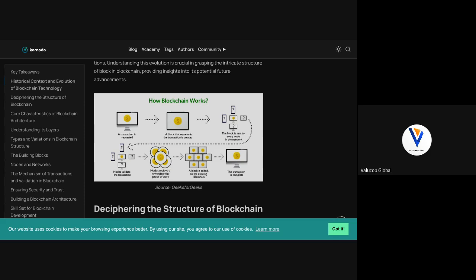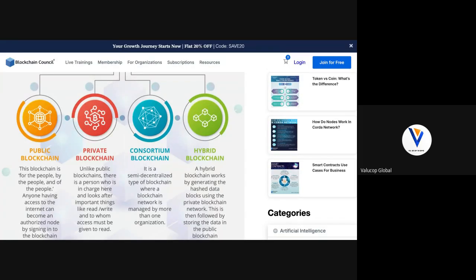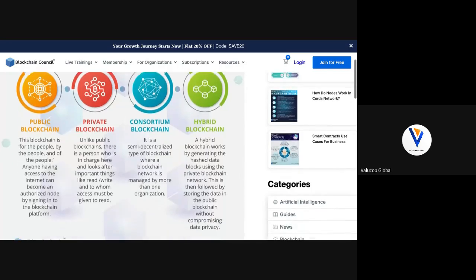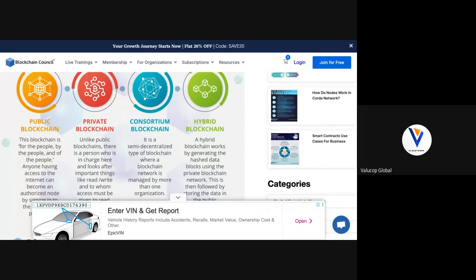I'm going to share my screen now and show us an image. So let's look at this image. We have public blockchain, private blockchain, consortium blockchain, hybrid blockchain, according to this website.